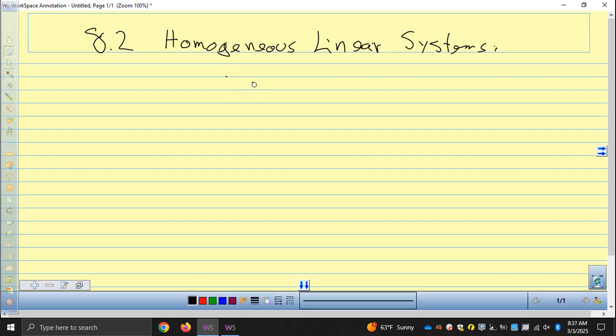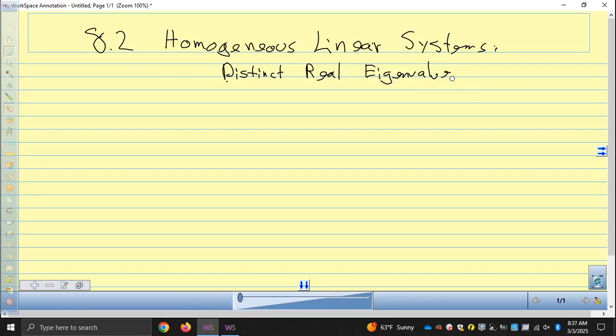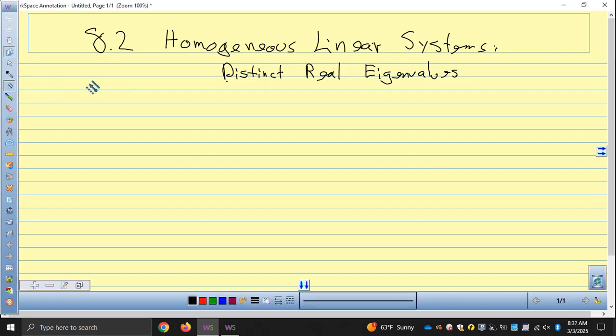So today we're going to have distinct, real eigenvalues. And we'll talk about what an eigenvalue is in just a minute. It's our new math term for this unit.